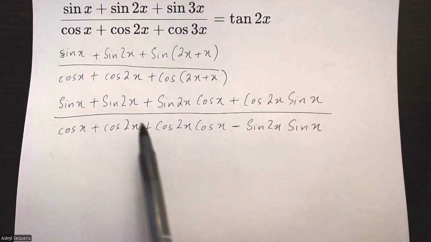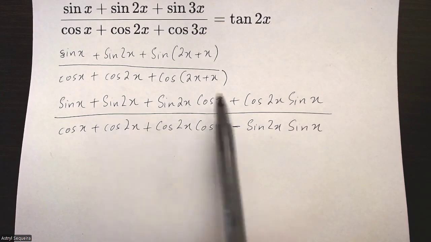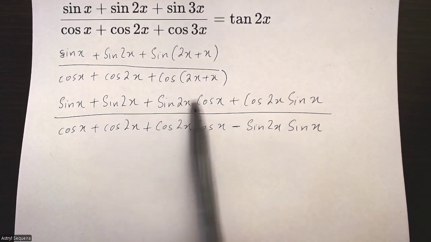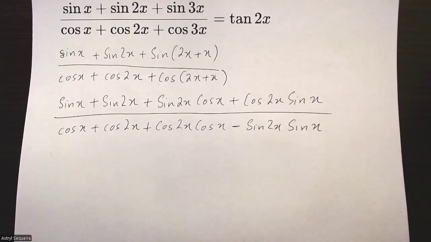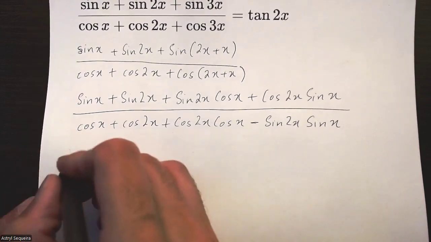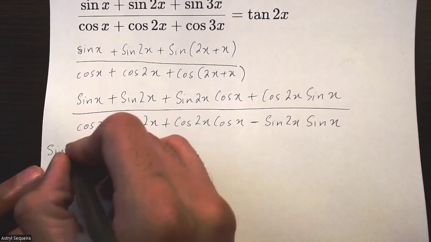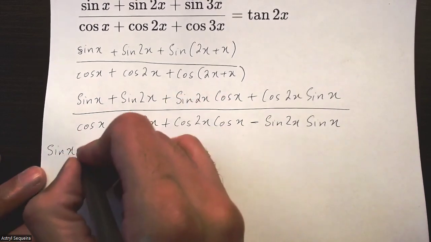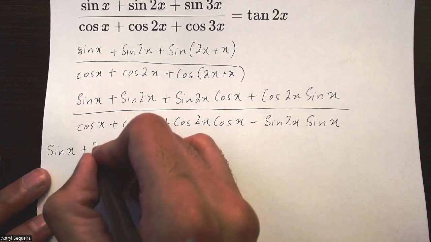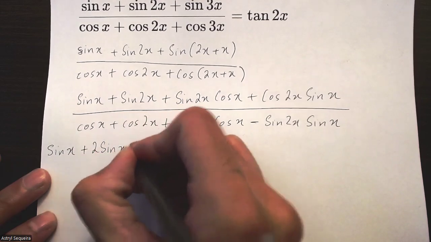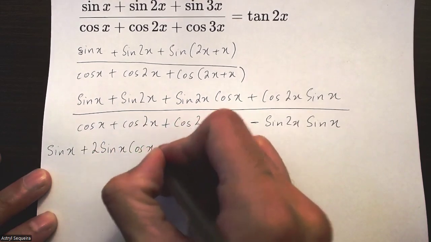The next thing I want to do is get rid of all these double angle formulas, all the sines and coses in the top and in the bottom. Let's do that in this next step. I'm going to write this a bit smaller and squeeze it in because this is going to take full width of the page. So sine 2x, I only have one choice, and that's to turn it into 2 sine x cos x.